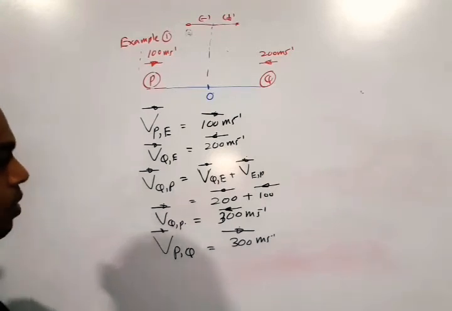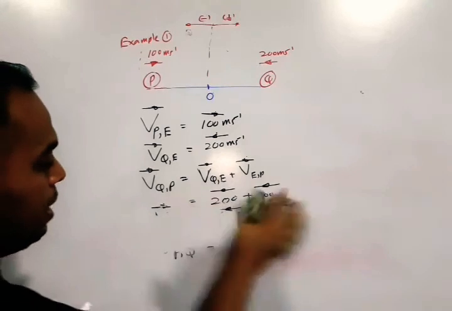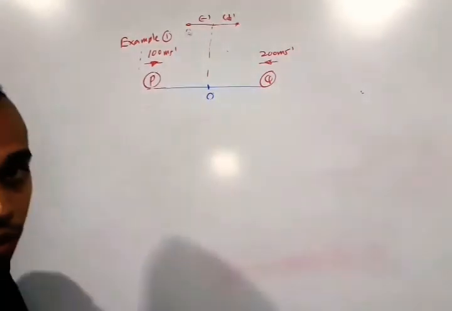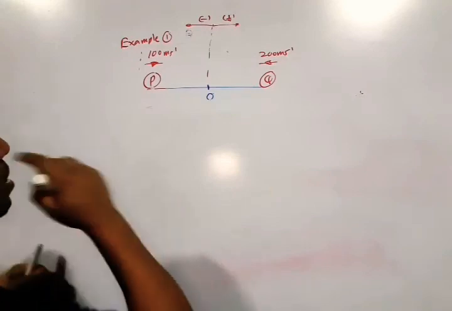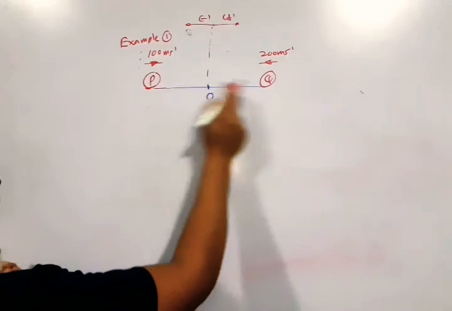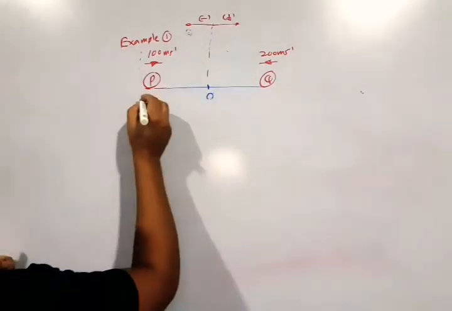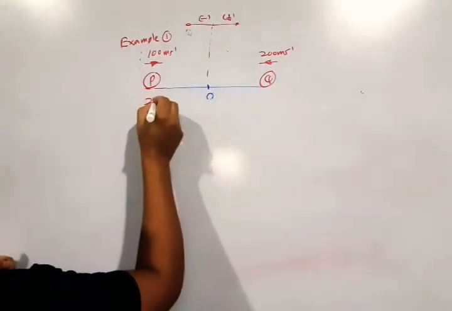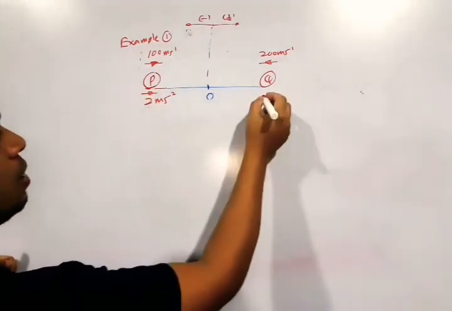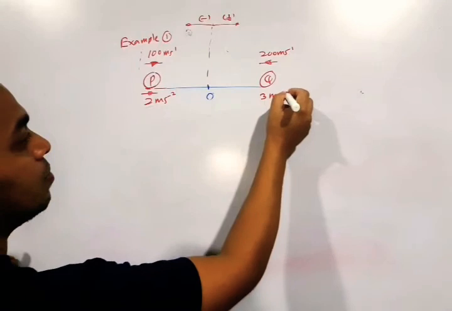Now what about the acceleration? Suppose the acceleration of particle P is 2 meters per second squared in this direction, and the acceleration of particle Q is 3 meters per second squared in this direction.